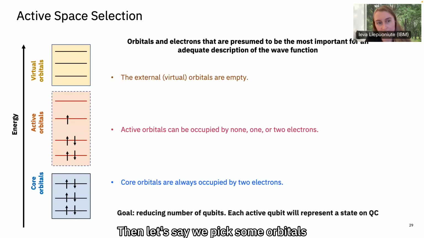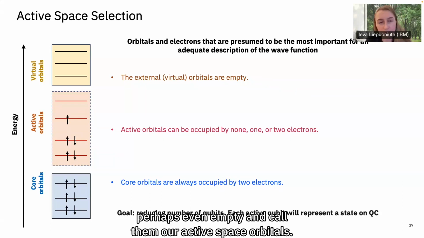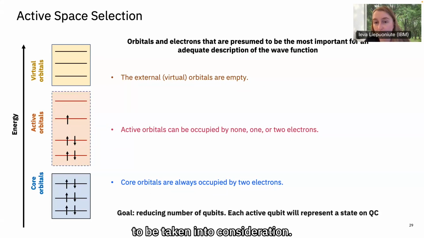Then we pick some orbitals that are partially occupied or fully occupied, perhaps even empty, and call them our active space orbitals. And there are also external orbitals that are much higher in energy and empty, and perhaps we don't need them to be taken into consideration.